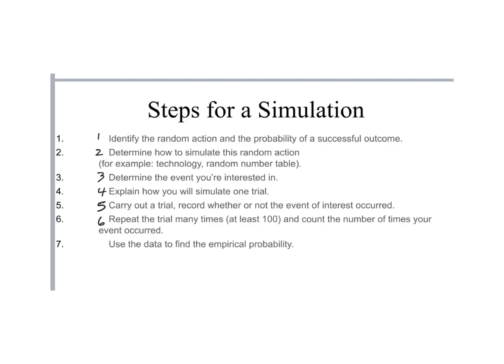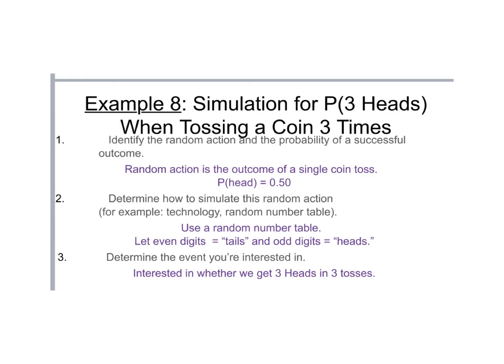So there's basically 6 steps for carrying out a simulation, and we'll go through all of these 6 steps in the next example. Okay, so we're trying to simulate the probability of 3 heads when tossing a coin 3 times. So step number 1 is to identify the random action and the probability of a successful outcome.